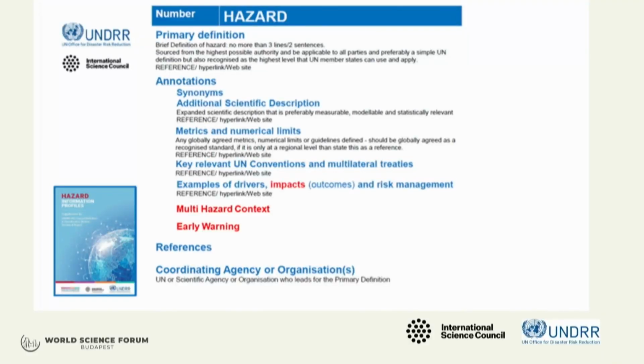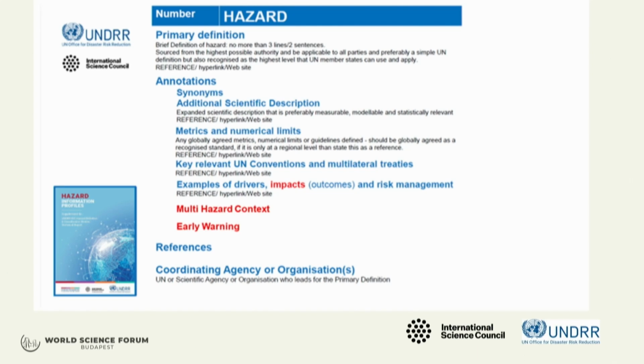So you saw earlier the format of the HIPs. The revised format of the HIP is slightly different, but not that much. We still have the primary definition, that is a key area. In the annotation, we have the synonyms. That is very important, because we do not all use the same terms for the same hazards.